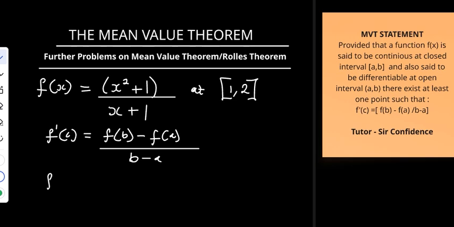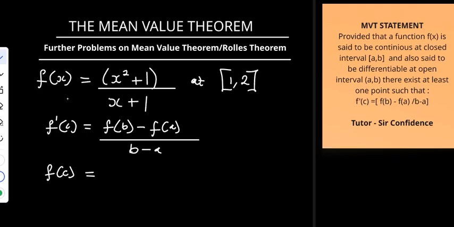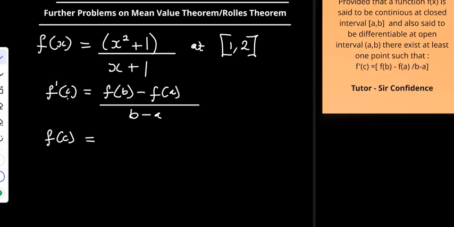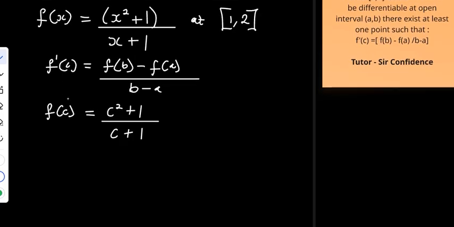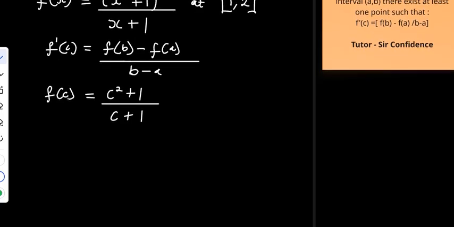It's very simple. f of x is this rational function, so f of c is going to be c squared plus 1 over c plus 1.